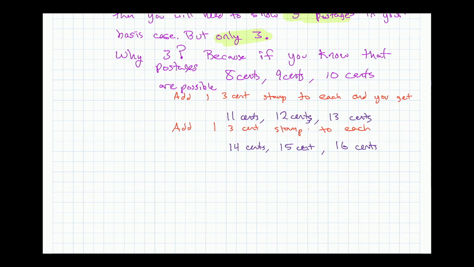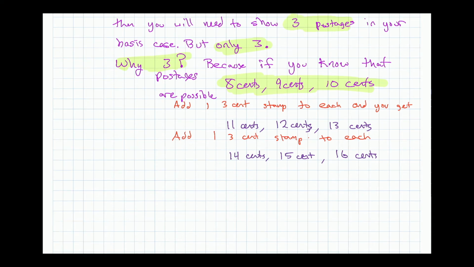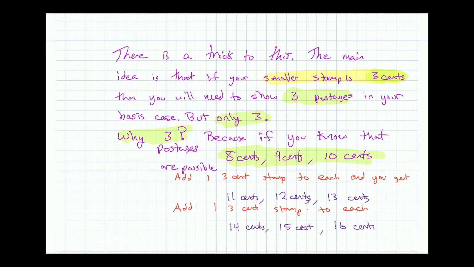So you know how to get from 8 to 11. But what about 9 and 10, right? Because you go from 8 to 11, we skip 9 and 10. So you actually have to show those directly. And that's why it ends up being that same number. So, why 3? Because you need to do 3, so then when you add a 3-cent stamp, you're not missing any numbers. Okay, so that's why.